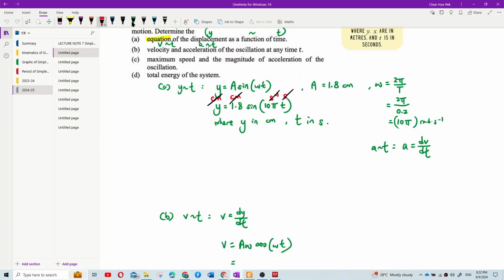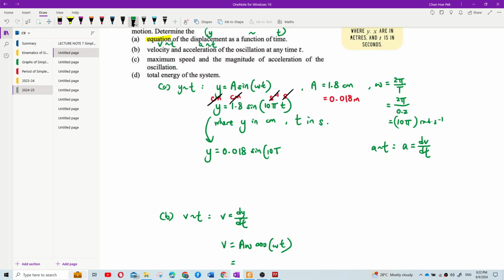This amplitude is 1.8 divided by 100, so it's 0.018 meter. So change it. Next, y equal to 0.018 sine 10 pi t, because now it's in meter already.